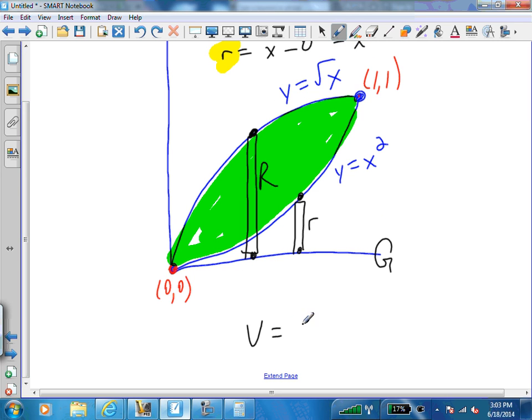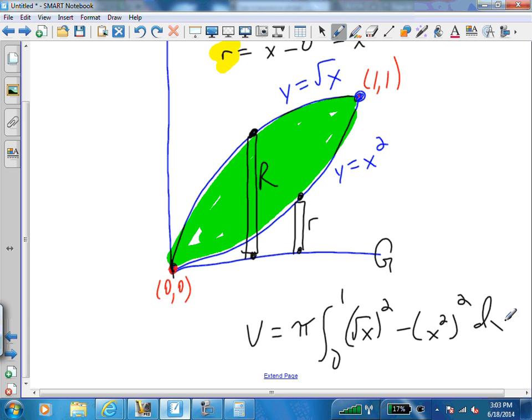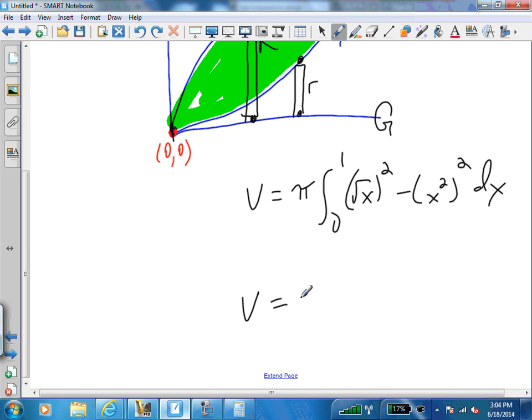If we rotated it around a different axis, let's get our little r's and big R's. If we rotated it around here, let's call that y equals 3.